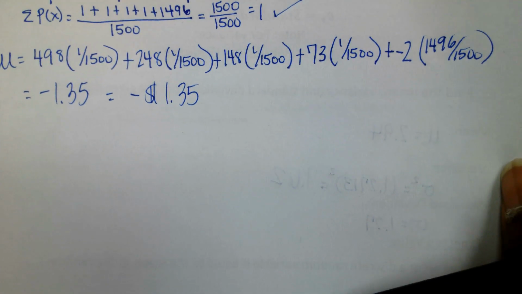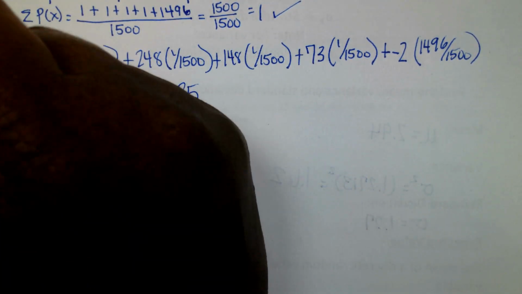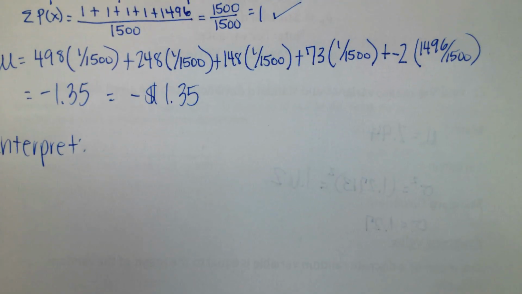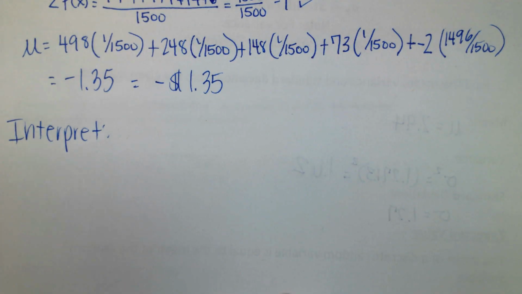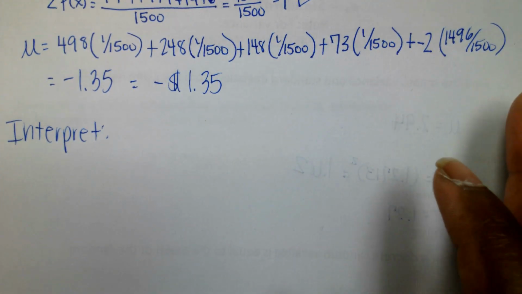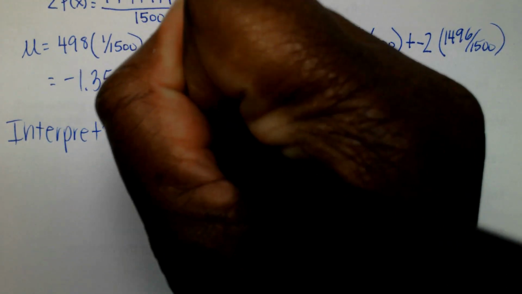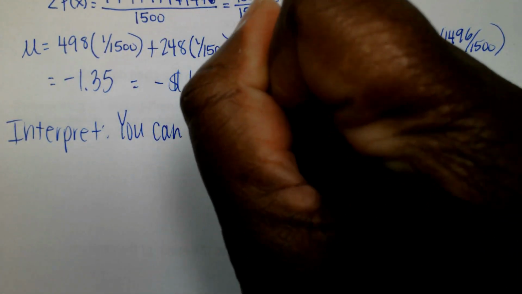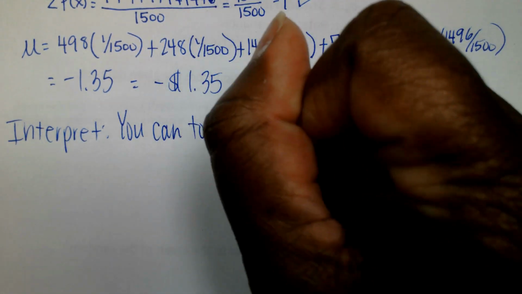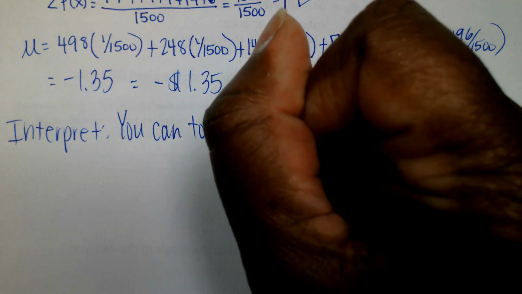So how do we interpret this? So negative means we can expect to lose some money. That's what negative means. So you can expect to lose, and if it was a positive, it would be gain, but of course it's a negative.